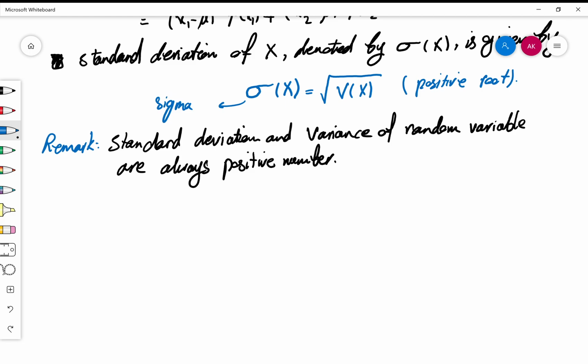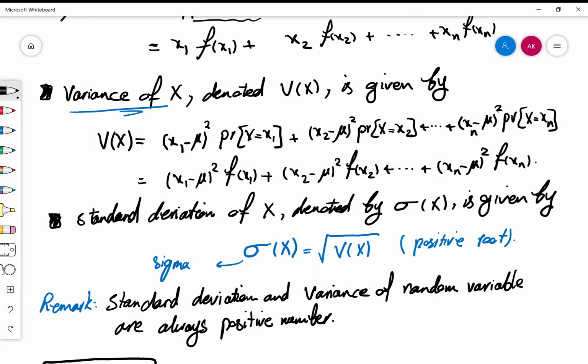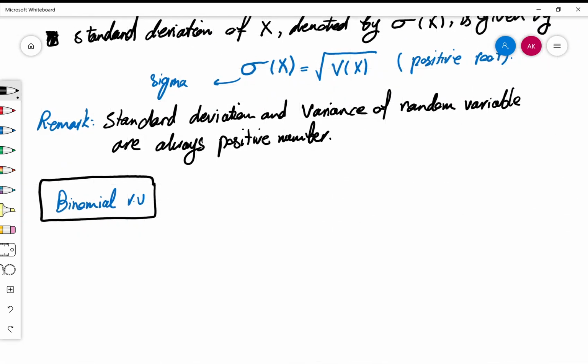Let me just write binomial random variable. So for binomial random variables, you don't need to do all those computations you see up there. First of all, you remember the notation for a binomial random variable.